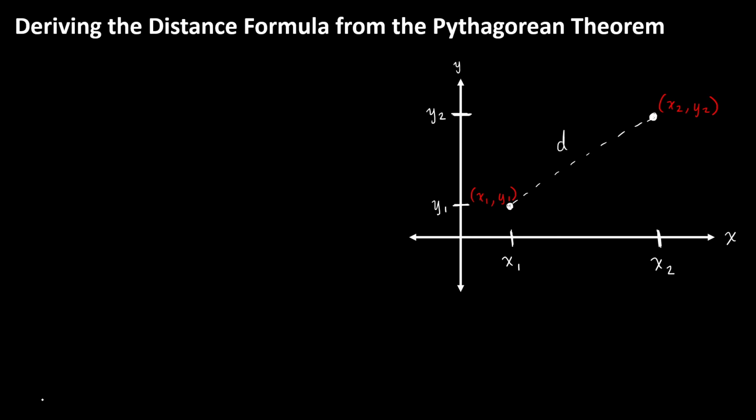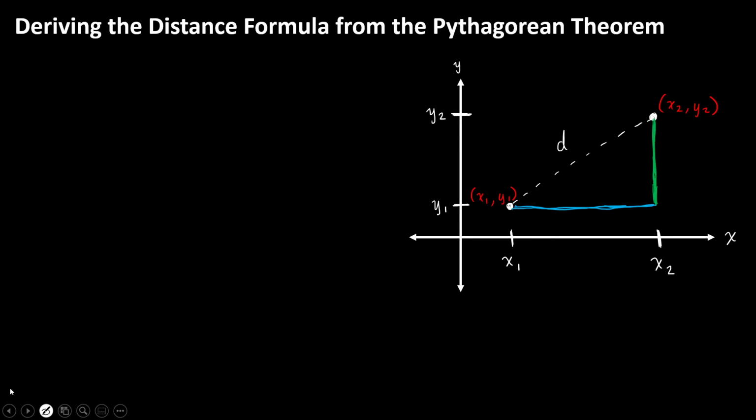So I can create a right triangle. And I'll demonstrate here. I'm going to create a right triangle by extending the horizontal and vertical distances between those 2 points. So the green line represents my vertical distance, and the blue line is going to represent the horizontal distance.